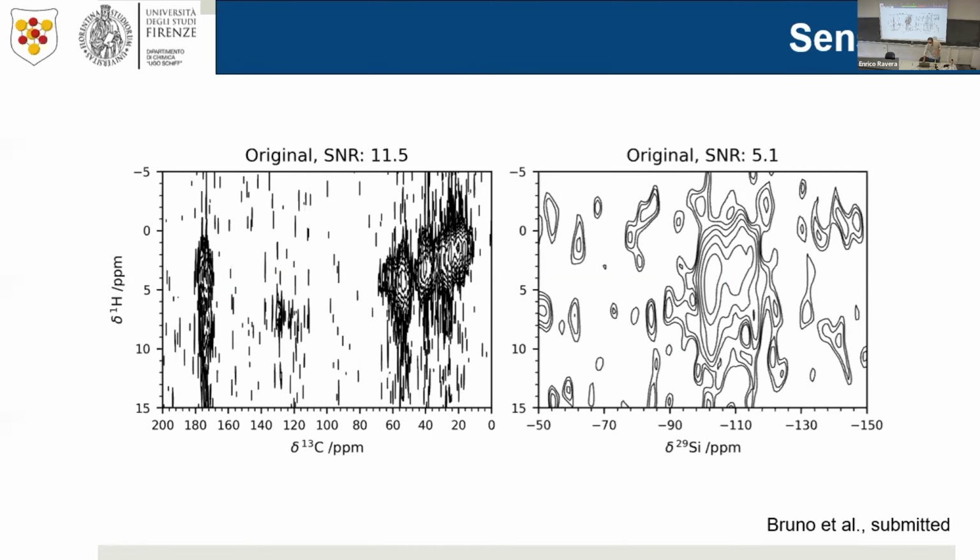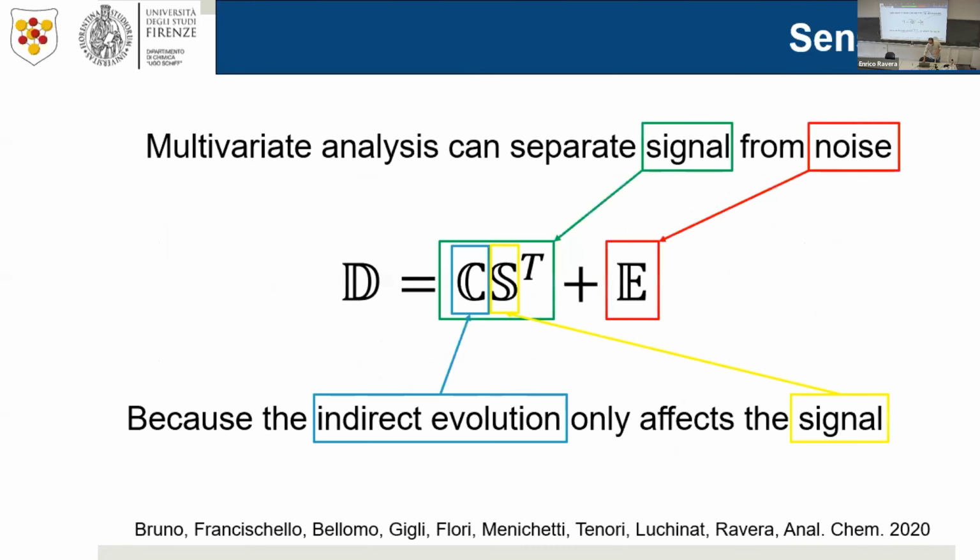We decided to give multivariate analysis a try, based on the idea that we can separate the signal from the noise, because the noise will not have time dependence, whereas the signal will. And so the indirect evolution gives us a way to filter out what is signal and what is noise.